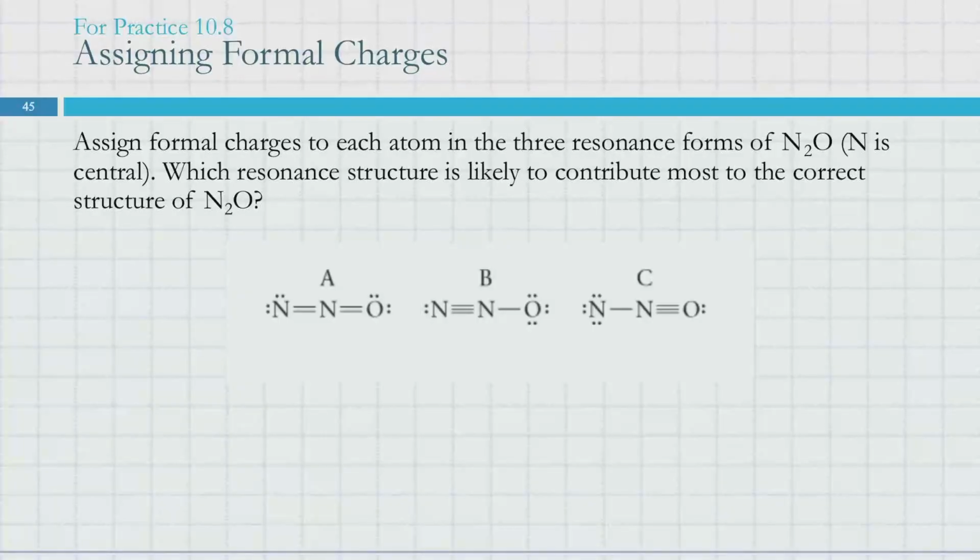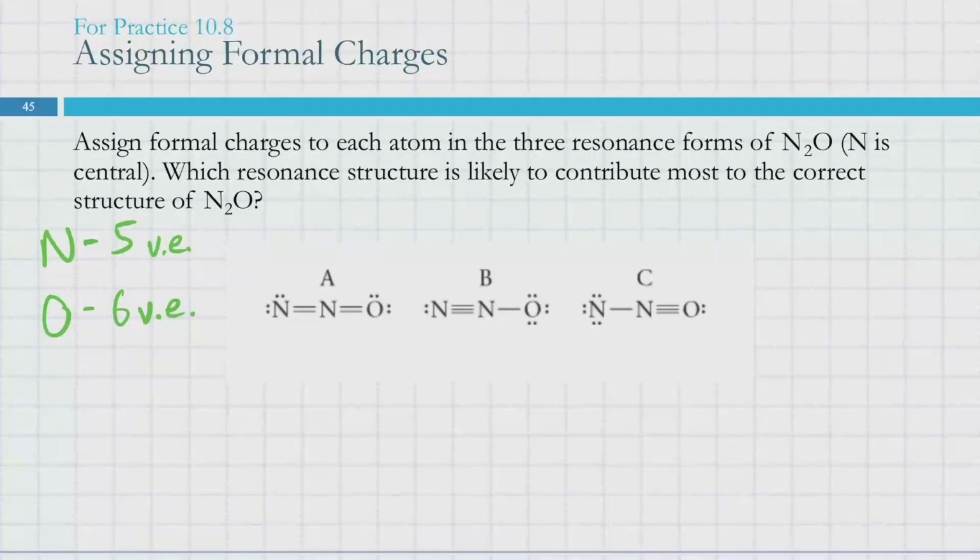For A, if we're looking at this nitrogen on the left, nitrogen normally wants to have 5. It has 5 valence electrons. Oxygen, just so we have it out of the way for later, wants to have 6 valence electrons, just based on what column they're in. In structure A, our nitrogen here on the left has 4 that are localized.